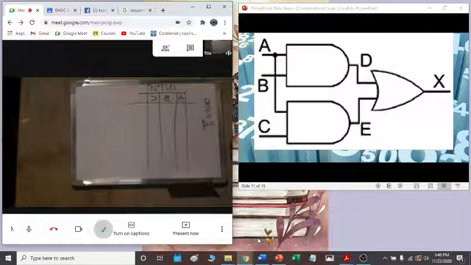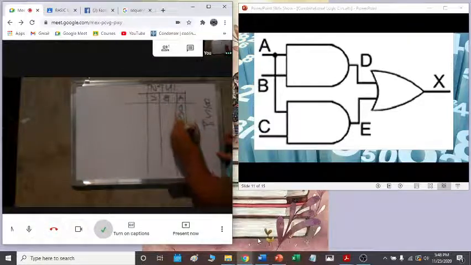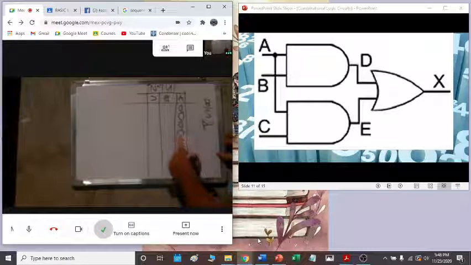And every 0 and 1 should come in groups of four. So for the first input, which is input A, we put four 0s and four 1s.